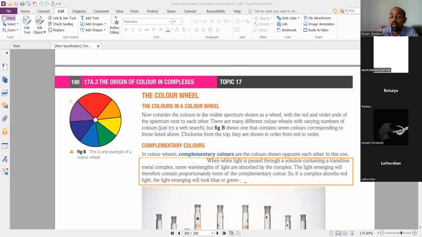Now, still, this is not the full process, right? You need some time to explain this, so just wait.